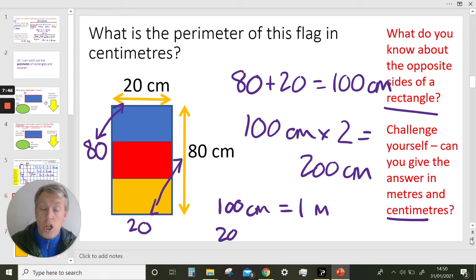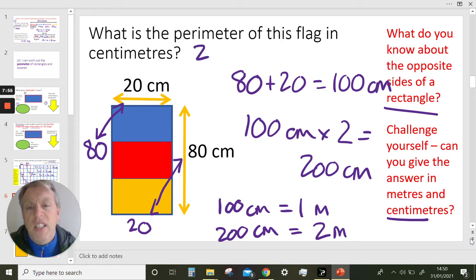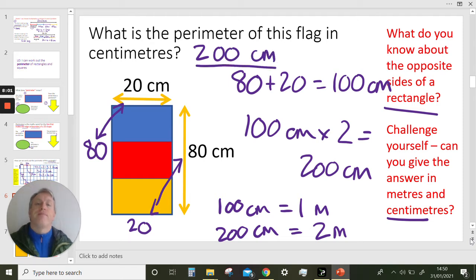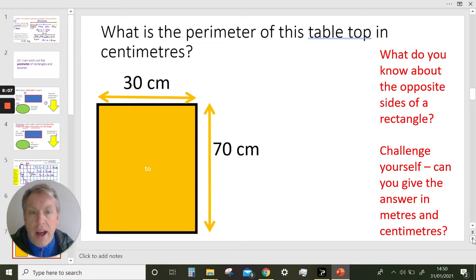So 200 centimetres is 2 metres. Great. The perimeter of this flag in centimetres is 200 centimetres, though. That's the question. The perimeter of the flag, the outside edge, the bit all the way going around.